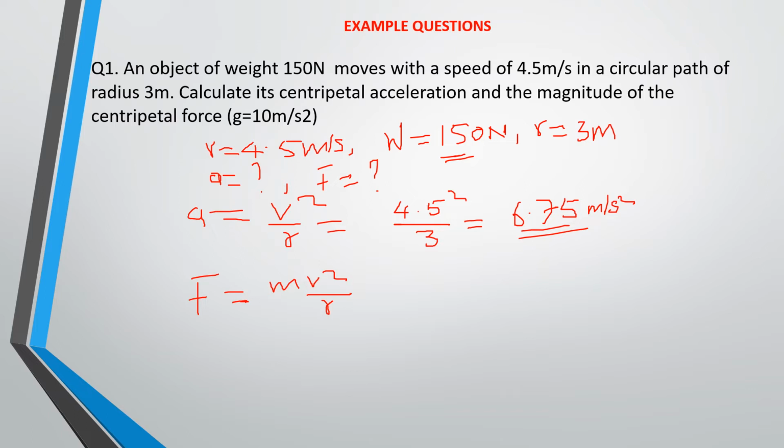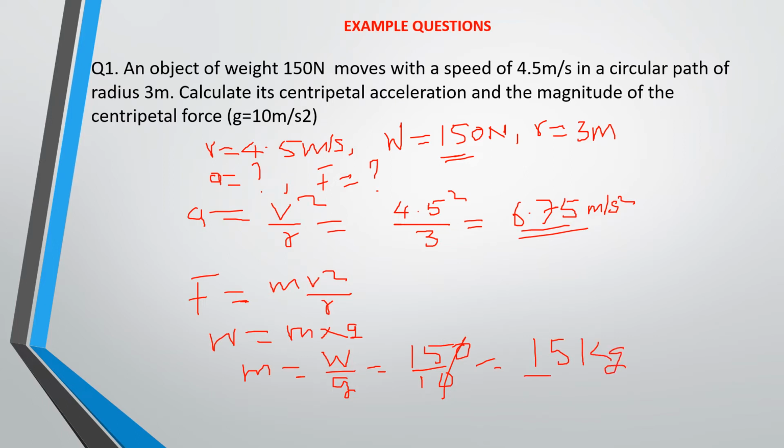You know that weight equals mass times acceleration due to gravity g. So the mass of the object will be weight over g, that gives you 150 over 10. When you cancel that, you have 15 kilograms as your mass.